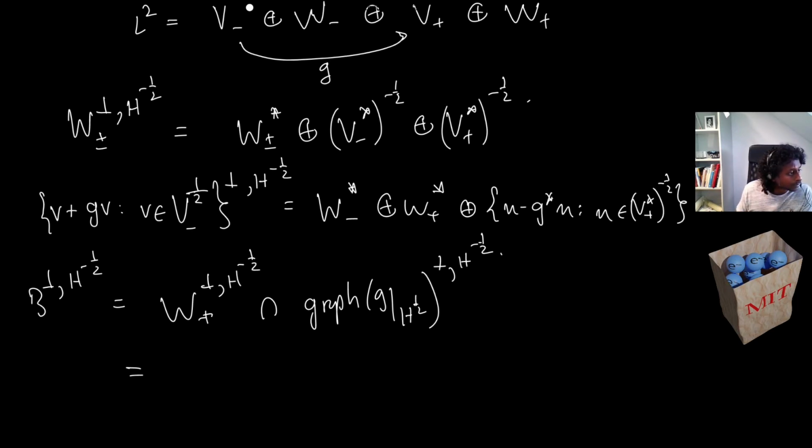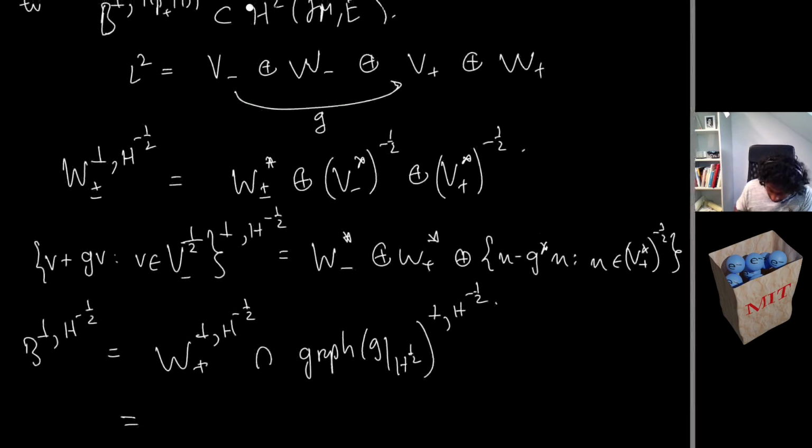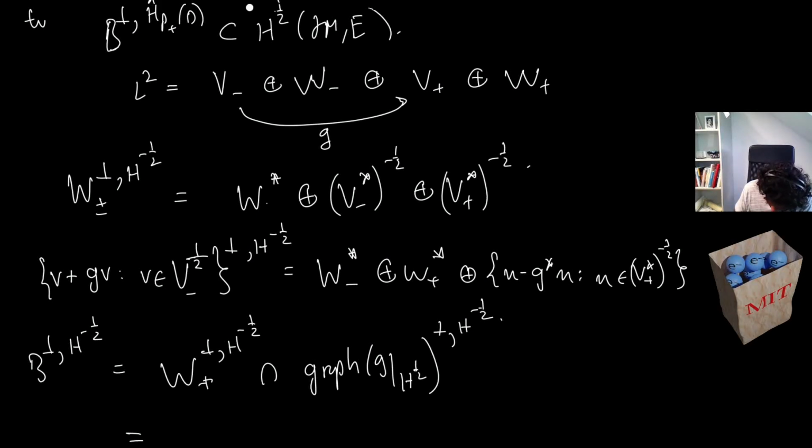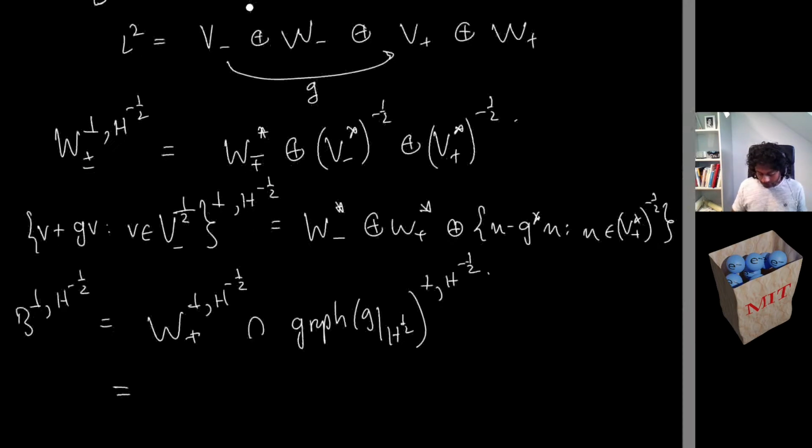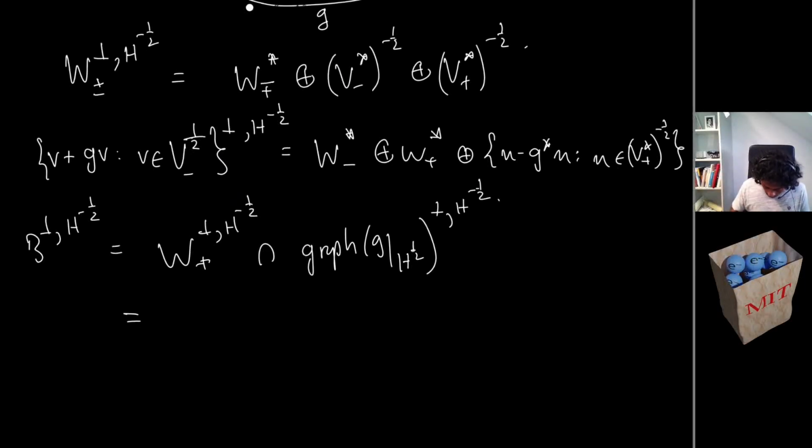Hang on, this doesn't look right to me. This is W minus plus, sorry, minus plus, right? Because if we take the annihilator of this, we're not going to pick up the W plus star space. We're going to pick up V plus star, W minus star, and V minus star, right? So this has to be spun around the other way.